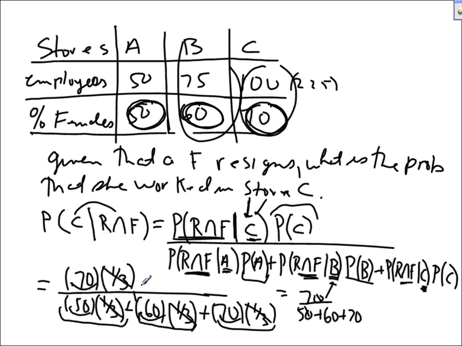In fact, I should have moved this 3 places. I'll get 7 over 18. 7 out of 18 times you would have come from store number C. The probability that you worked in store C, given that you resigned, is exactly that.